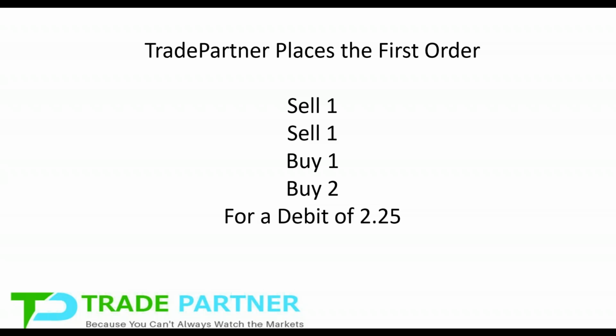There's another sell one, at a different strike or a different expiration or both. And then there's a buy one, and a different buy two. So I'm selling a one lot, selling another one lot, buying a one lot, and buying a 2 lot. In other words, I have short 2, long 3. And I'm placing this order in for a debit of 225.